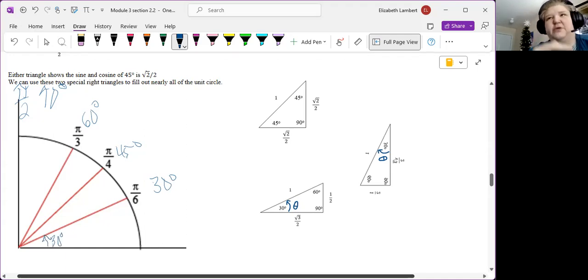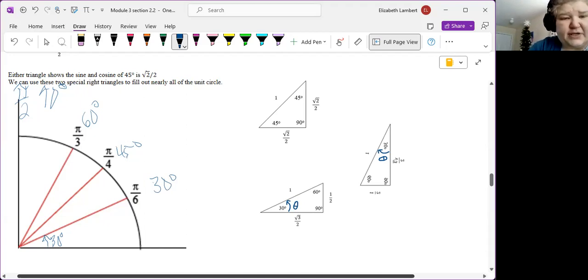So even though we're in a unit circle and technically the distance along the edge of the circle is the same as the angle measure, when you're looking at these, you want to think of them as angles.